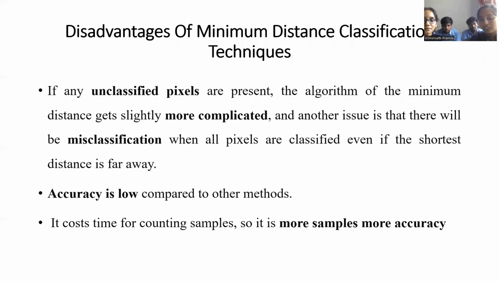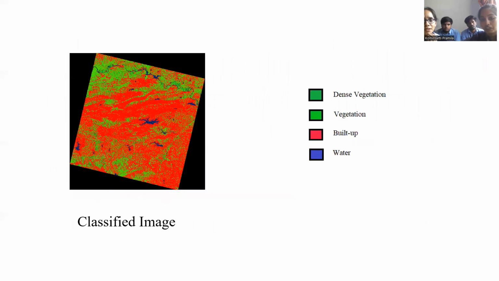Coming to the disadvantages of minimum distance classification, if the process has any unclassified pixels, it makes the classification process more complicated, and it may sometimes also lead to misclassification. And here the obtained accuracy is very low when compared with the other methods. As the number of samples increases, the accuracy can also be increased in this minimum distance classification method.